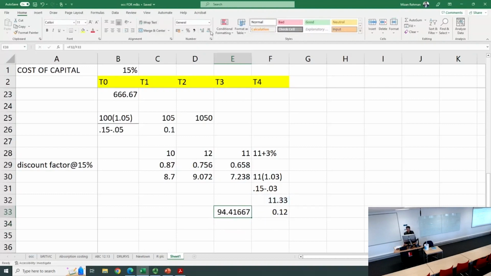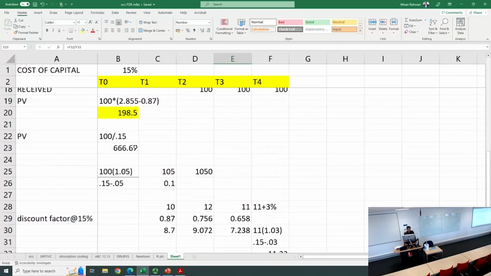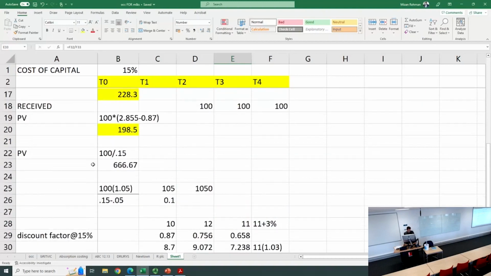And this is the tricky part. Why at year 4? For this, we need to go back. In the previous question, the cash flows were starting from T1. We applied the formula at T1 and it gave us the value at T0, 1 year before T1. So whenever this formula is applied, it will give you a value a year before. So when you apply this formula at T4, it will give you the PV at T3. Now you need to further take it back to T0 by applying the same discount factor as you did before, and you will have the value at T0.